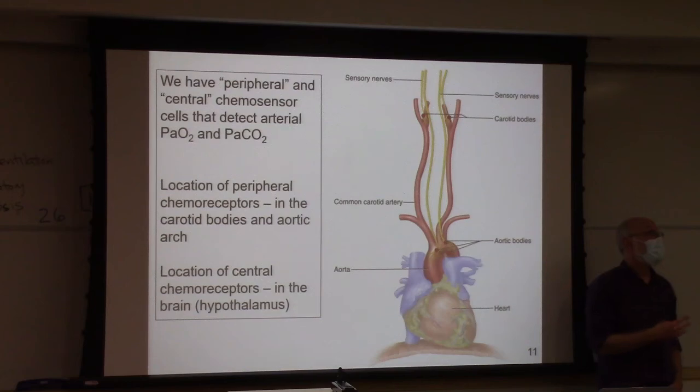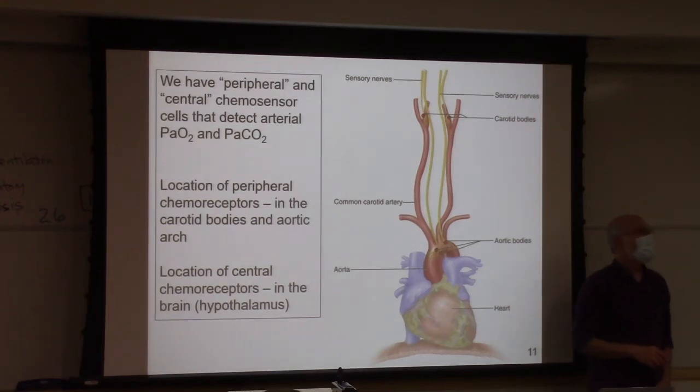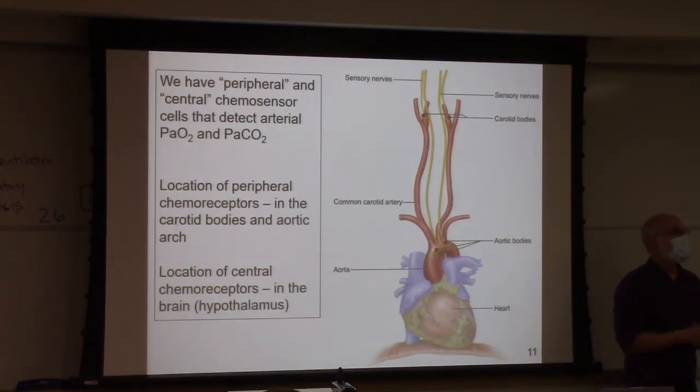The chemoreceptor molecules are actually located intracellularly in those cells, because the ligands, oxygen and CO2, can diffuse in. And do you use chemosensor interchangeably? For this purpose, let's use chemosensors and chemoreceptors interchangeably.